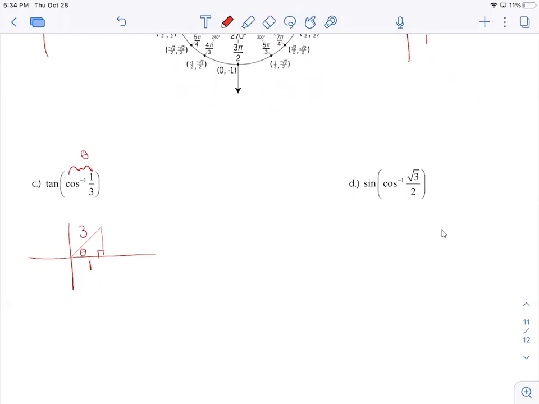If you do Pythagorean theorem, I'm going to label this y since it's a vertical movement. So 3 squared equals y squared plus 1 squared. 9 equals y squared plus 1. So y squared equals 8. Take the square root, but you always have to simplify. So we get 2 root 2.